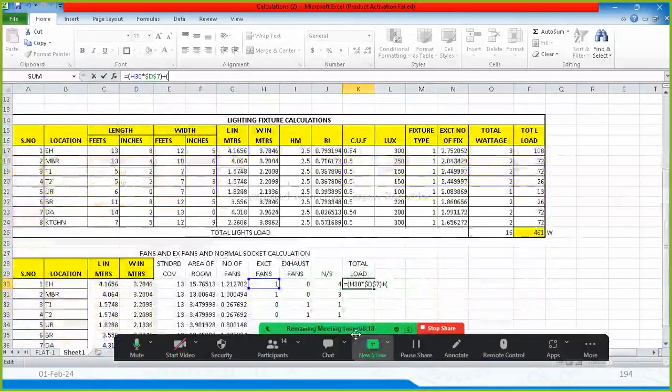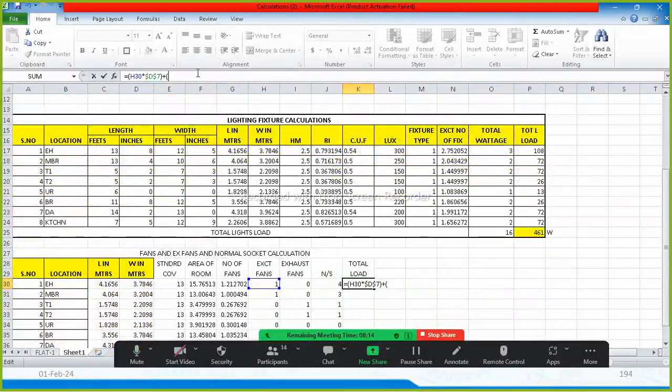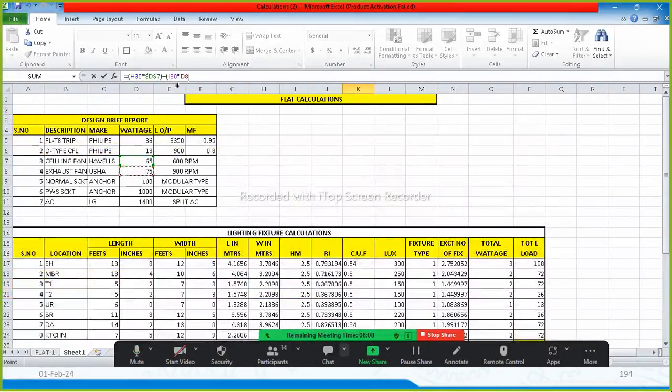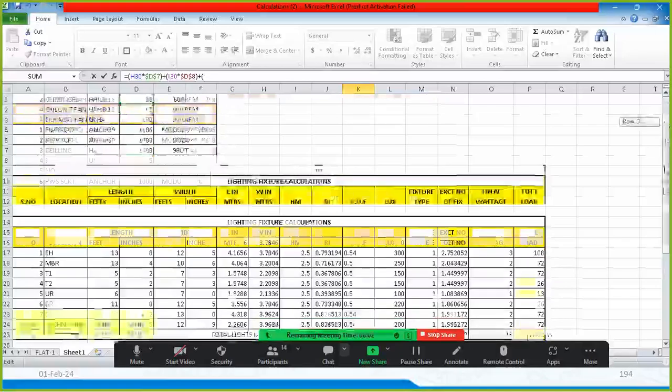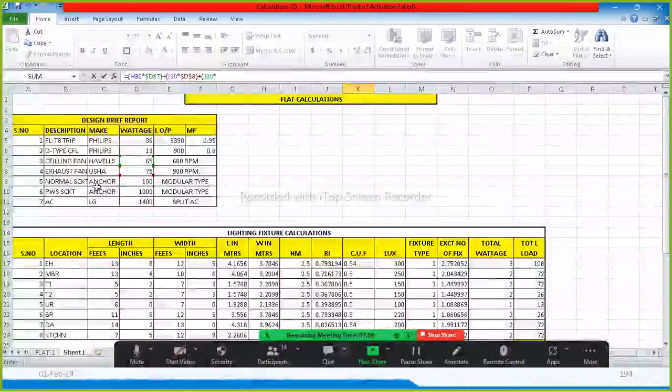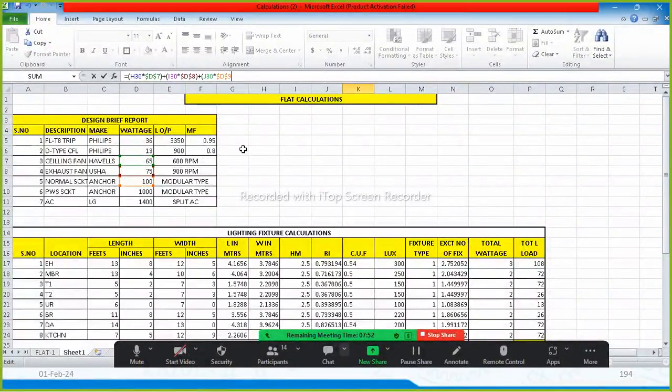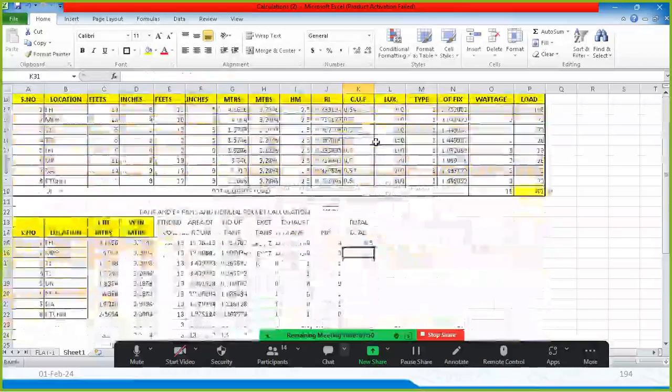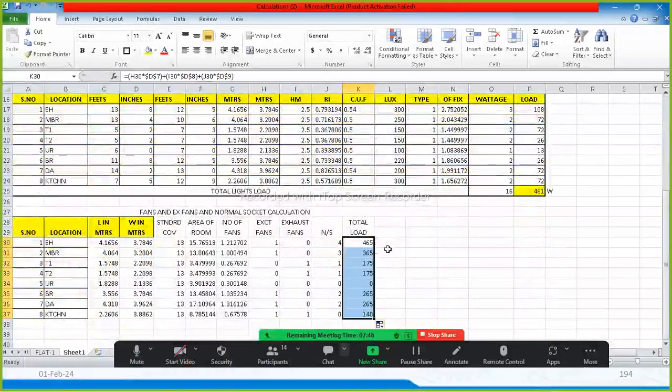Plus exhaust fan into exhaust fan wattage, plus normal socket into normal socket wattage. Then enter. So I got the total as 465.